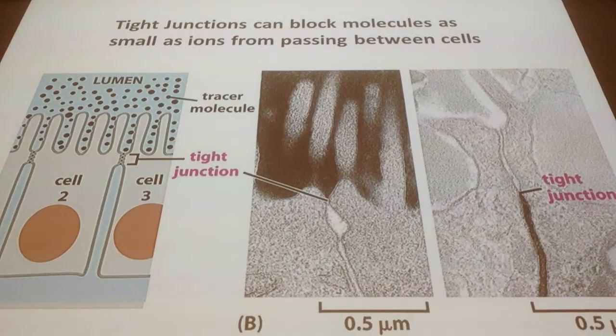Tight junctions. So we're going away from anchoring junctions. We're talking about tight junctions. Tight junctions have the same three components: an extracellular component, a transmembrane adhesion protein, and then it anchors onto the cytoskeleton.